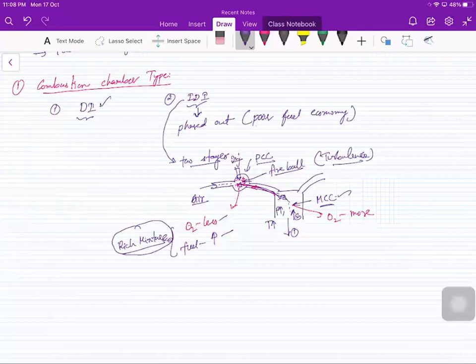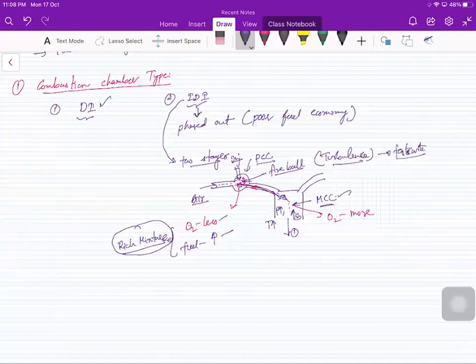Because we know the characteristics of fire when it is generated: it moves at a very fast rate.